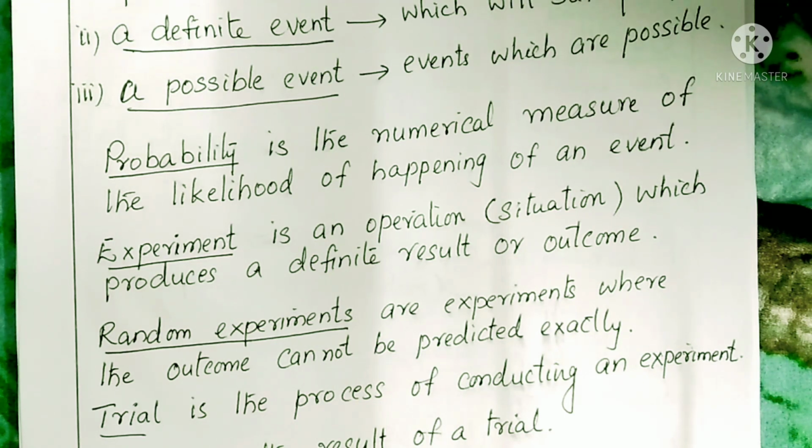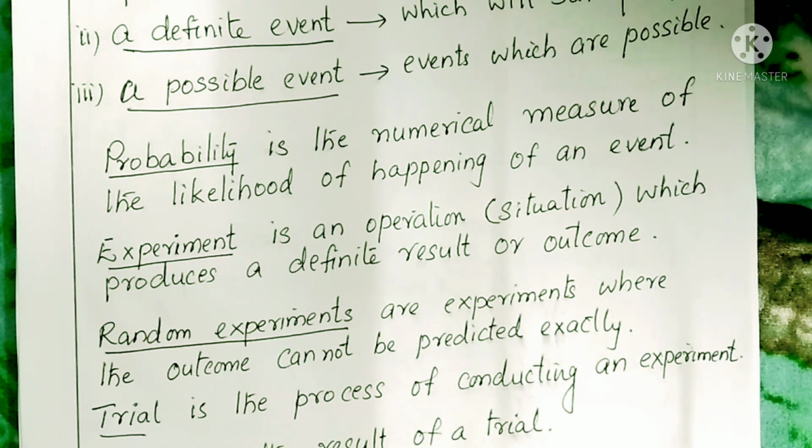For example, when you are throwing a dice up, you can say that it may come 1 to 6, but you cannot surely say that no, it will come only 1. You can say, but it may not be true. Okay. So, you cannot predict it. Such experiments are called random experiments.